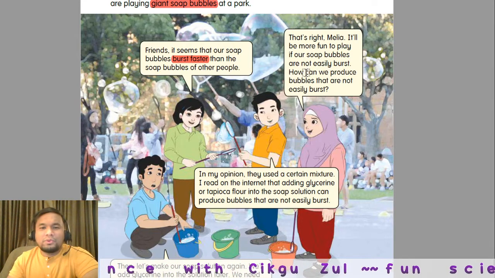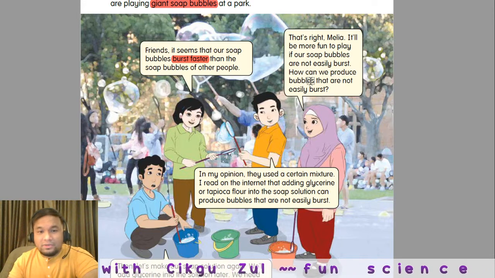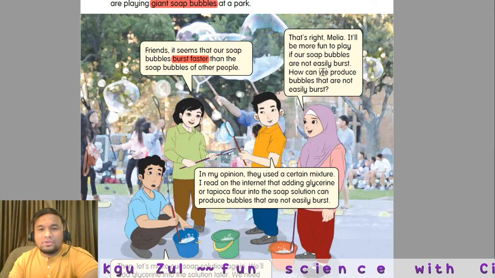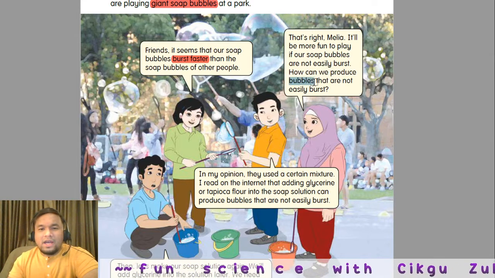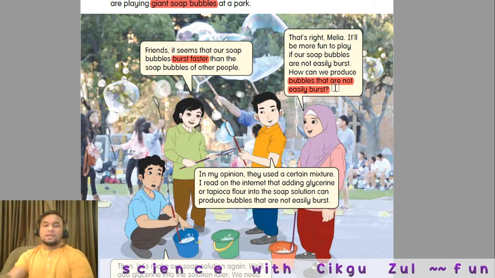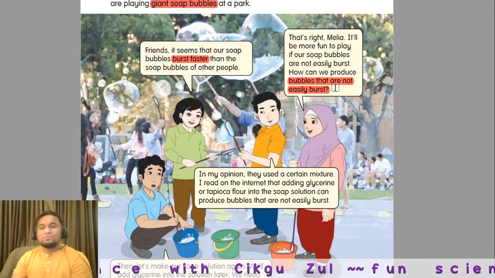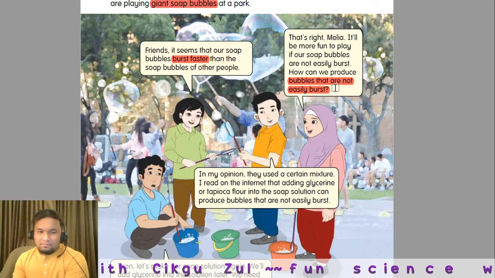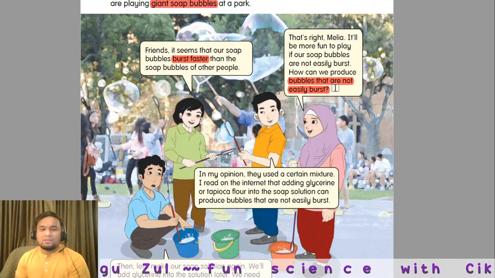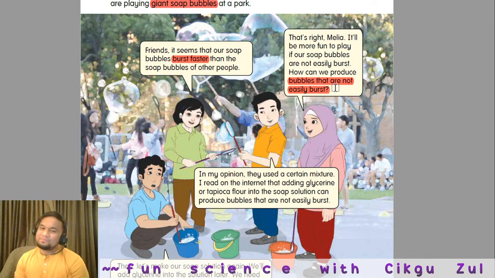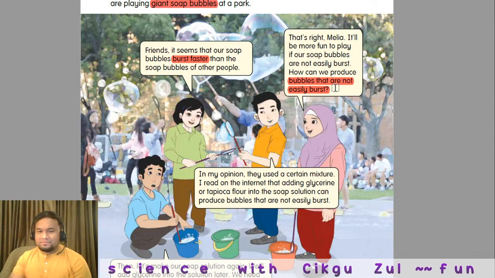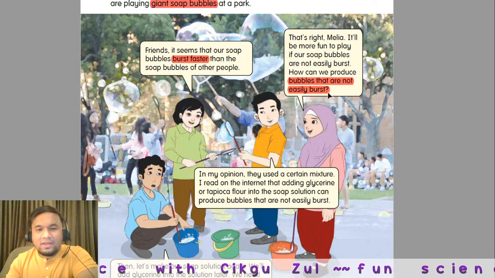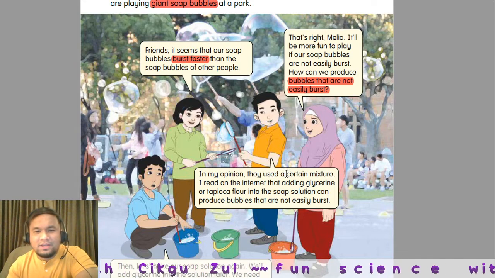So, how can we produce bubbles that are not easily burst? Dia nak macam mana nak suruh lambat pecah balon buih udara dia ni, buih sabun, sorry. So kawan dia cakap, in my opinion, they use a certain mixture.